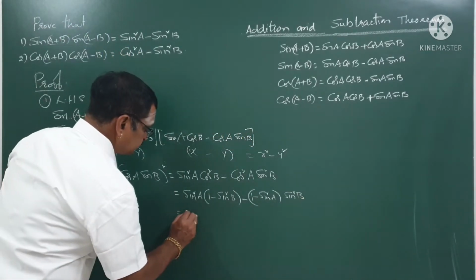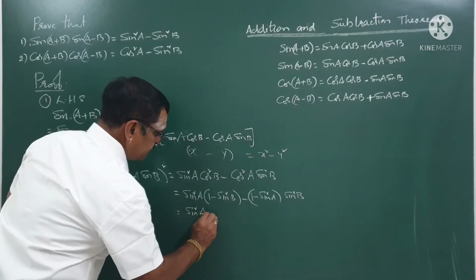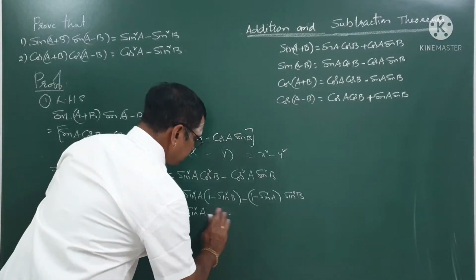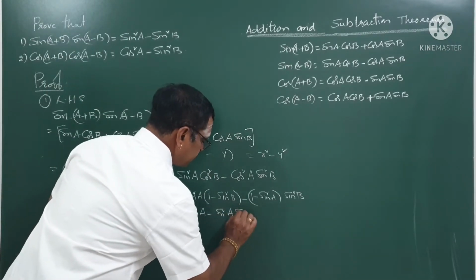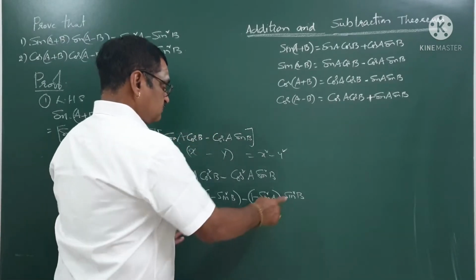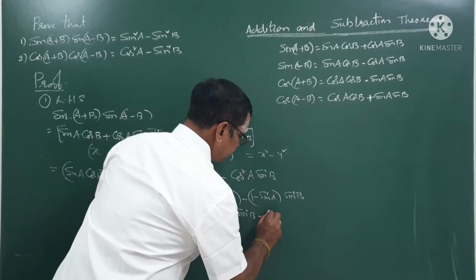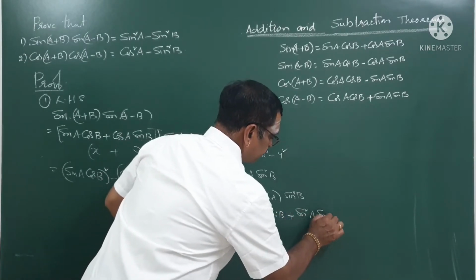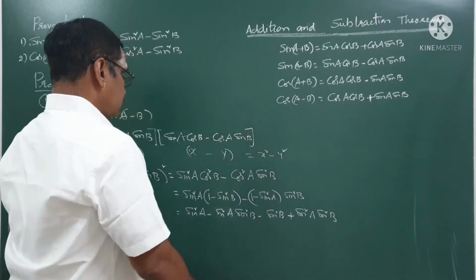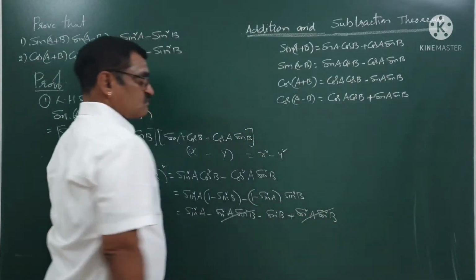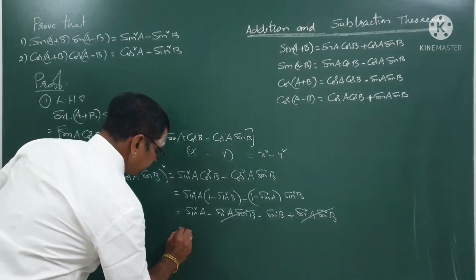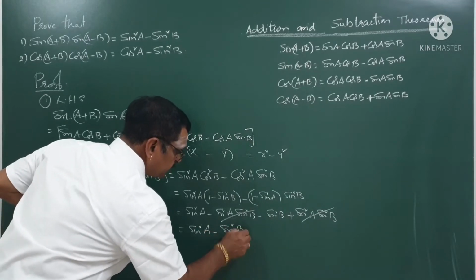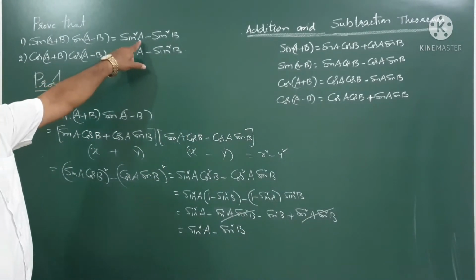So you have sin square a minus sin square b, sin square a minus sin square a sin square b, sin square b into 1 sin square b plus sin square a sin square b. So one negative quantity, one positive quantity, you can cancel. You have sin square a minus sin square b. So I got the right hand side.